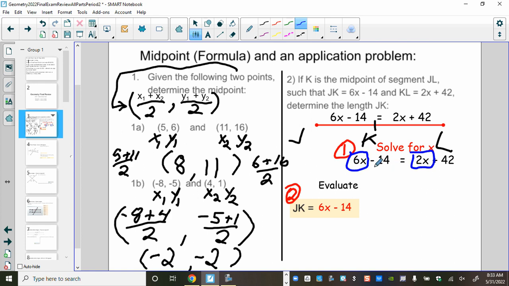A lot of us, okay, you knew you had to add 14 here. But a lot of you forgot, you don't add 14 here. You add it over here. A lot of us are making that mistake.